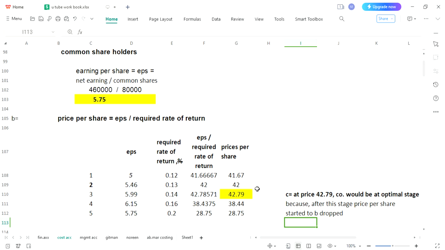You can see that price per share was continuously increasing from 41 to 42 to 42.79, but after that the price has dropped. So this is optimal. The maximum benefit the company can take is at this stage, after which your price would decrease. So this was your C part.